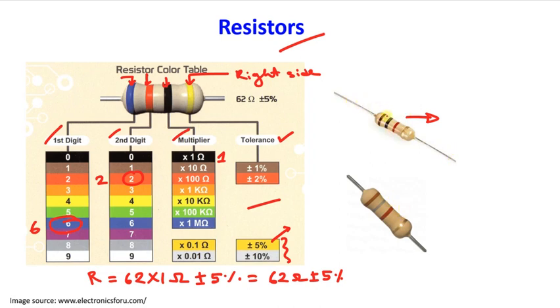So the first color band is brown, and brown corresponds to 1. The second one is black, the second digit, and black corresponds to 0. The third one is red. Red is the multiplier, which corresponds to 100.